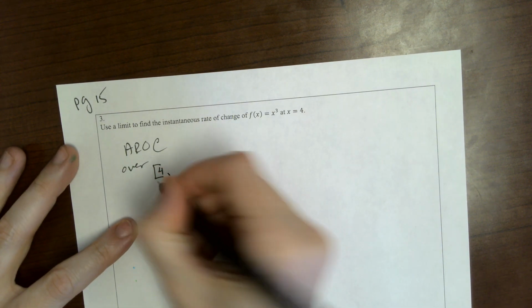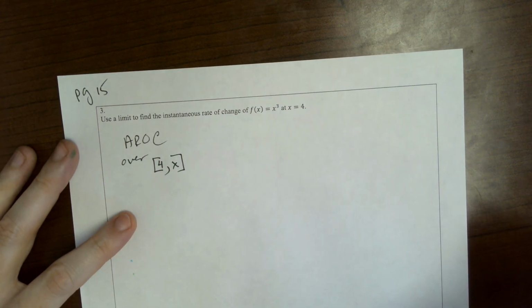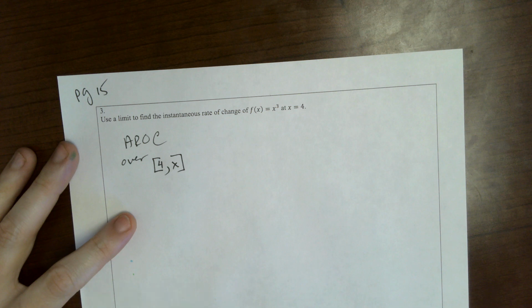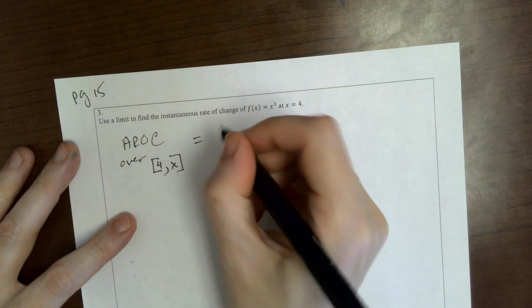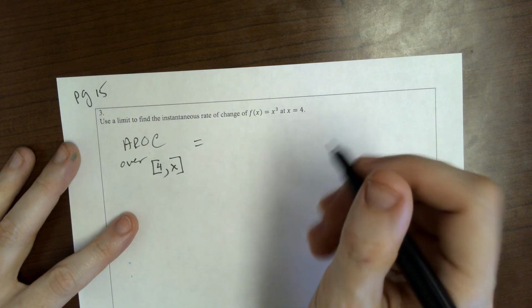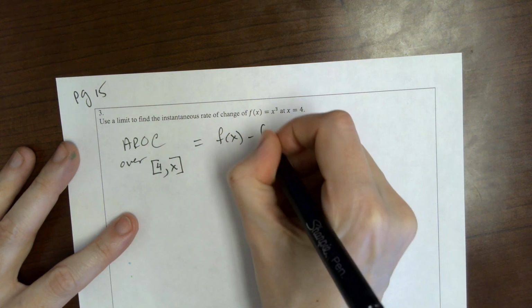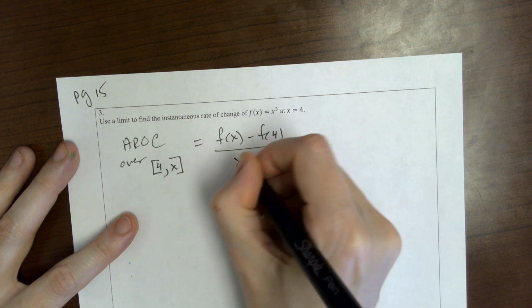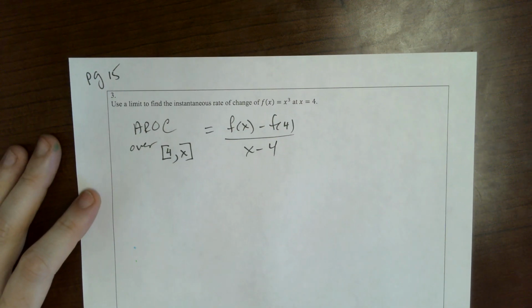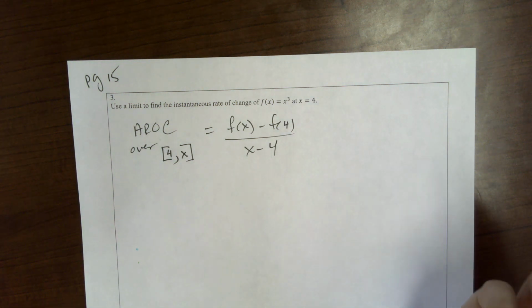Have your interval start there, and then end your interval at x. So this is like if you ever forget the formula. So the AROC over the interval 4 to x would be f of x minus f of 4 all over x minus 4. Okay, AROC is easy to remember.